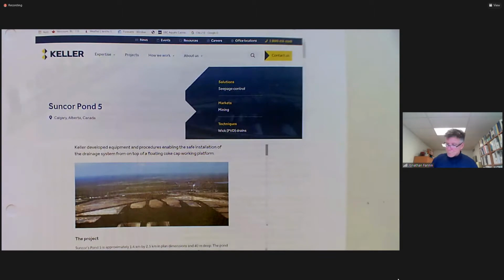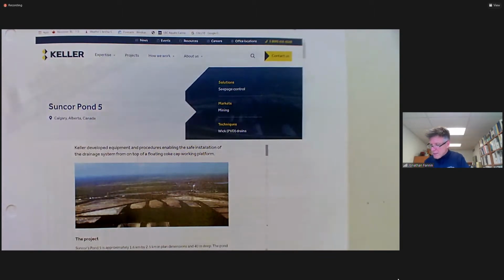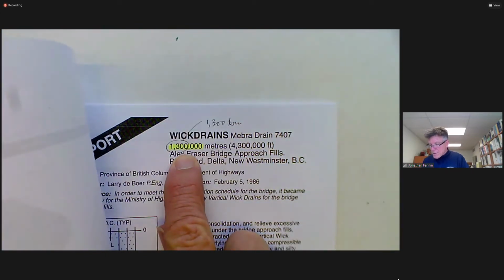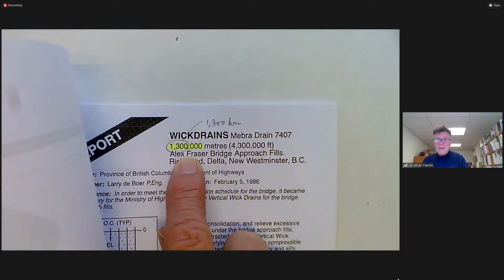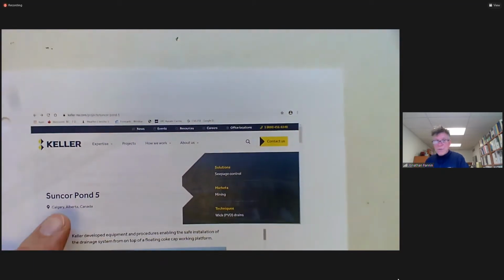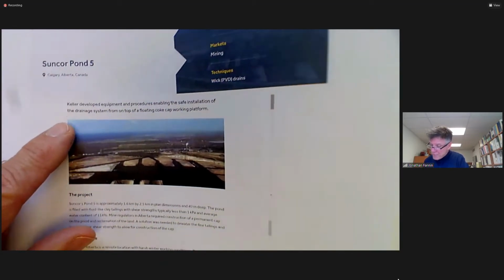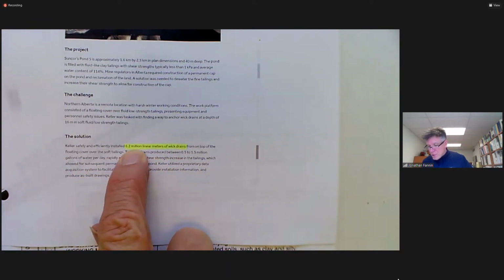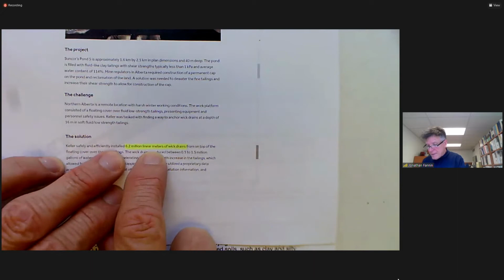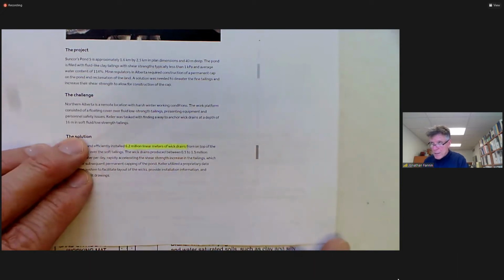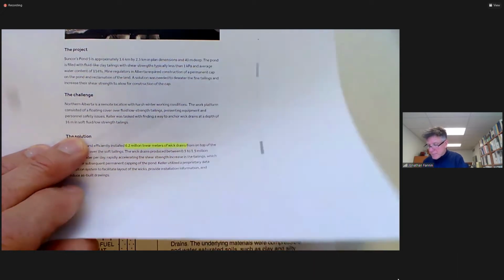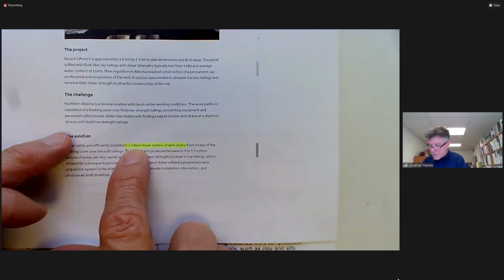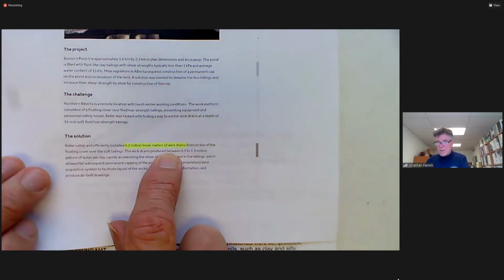If we take a look at the 1,300 kilometers that went in at the Alex Fraser Bridge, if you scroll down on that Suncor Pond 5, it was 6.2 million linear meters, almost 5 times that, 6,000 plus kilometers of wick drains installed there.